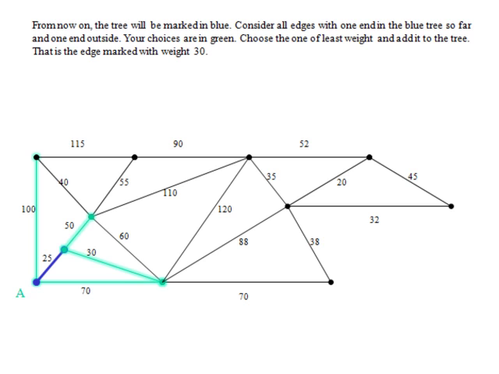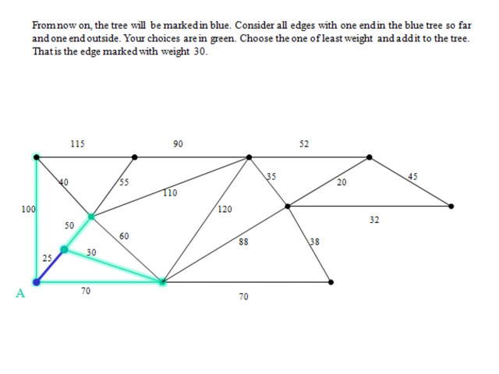So I color that blue, and from now on the tree that I'm forming at each stage of the algorithm will be in blue, and the choices of edges to add into the tree at that step will be shown in green.